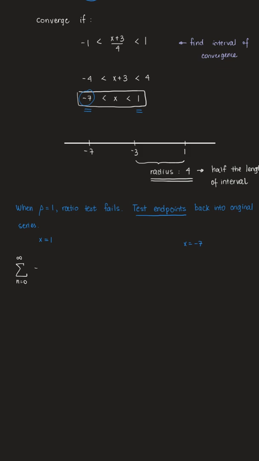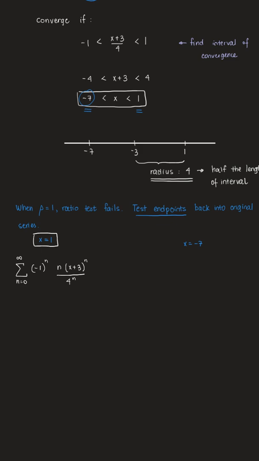We had an alternating piece, and then n times (x plus 3) to the nth power over 4 to the n. And now I'm going to put in x equals 1 to see whether I can tell whether the series converges or diverges, because we're testing the endpoint since the ratio test fails at the endpoints.